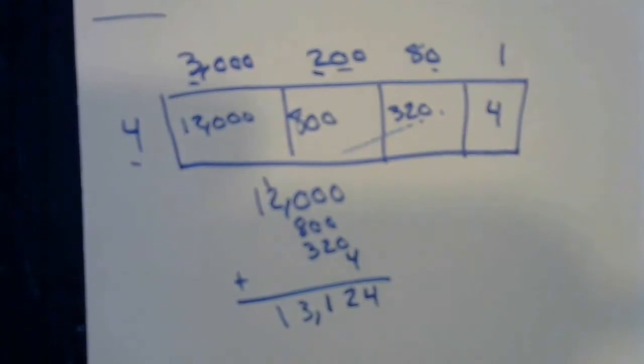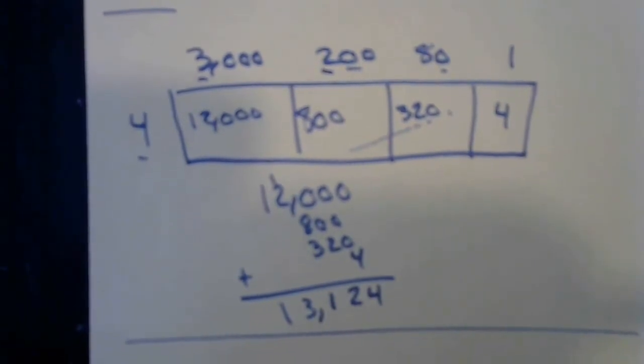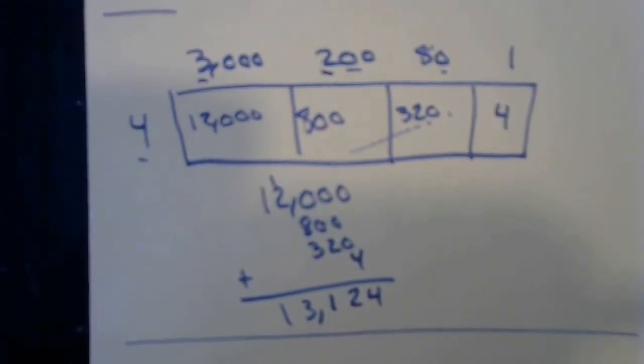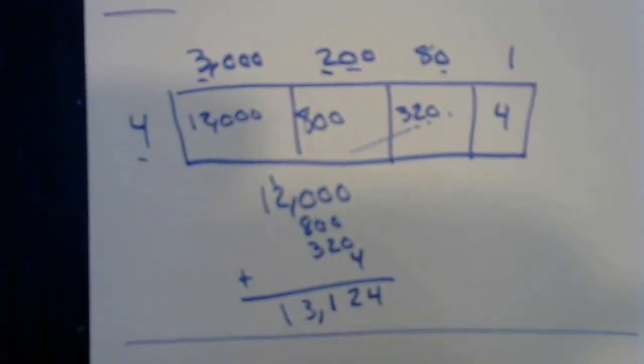Now, there's actually all sorts of funky tricks you can do. Once you have this basic method down, you can do some tricky stuff with it. So, let's say I had 5,927 times 6.